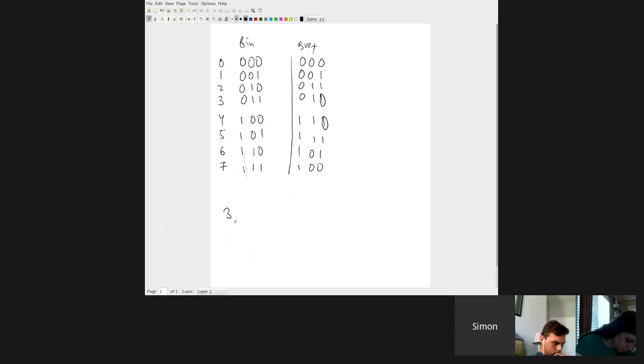So for example, for the number 3, it will be 0. Okay? And then you either want to repeat or inverse the following bits. The rule that works here is that if my previous bit was 0, I repeat the next bit. So my previous bit was 0, I repeat this one.